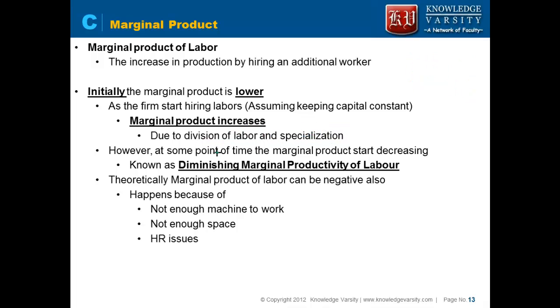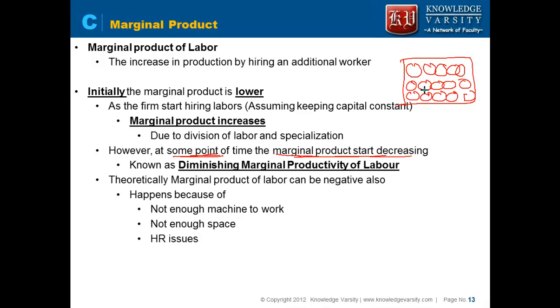However, at some point of time the marginal product starts decreasing. If you start hiring more and more labor, initially there is a benefit because people are dividing the work between them. But we have put a constraint that the capacity is not increasing, and more and more workers are coming in.